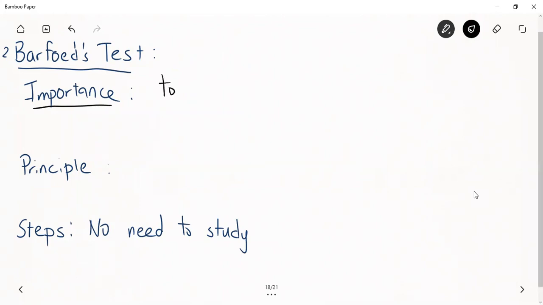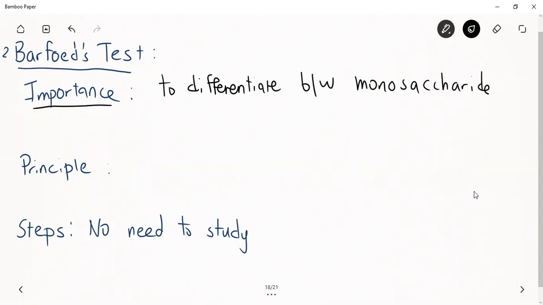It will differentiate between monosaccharide and reducing disaccharide.